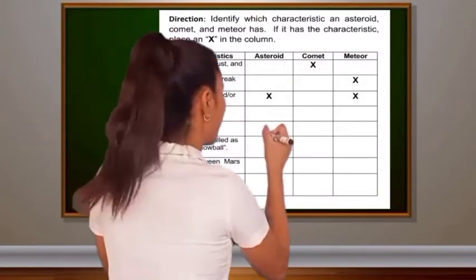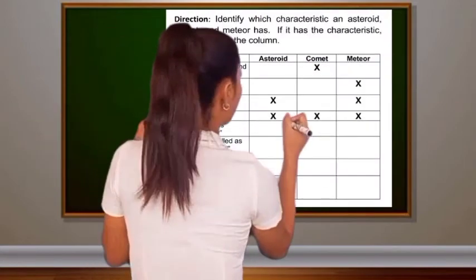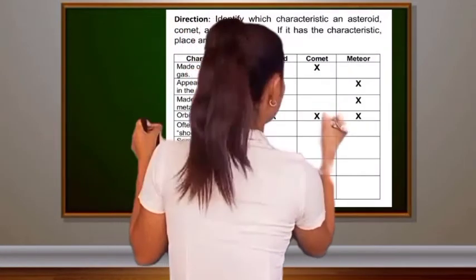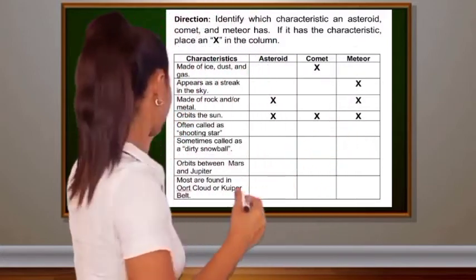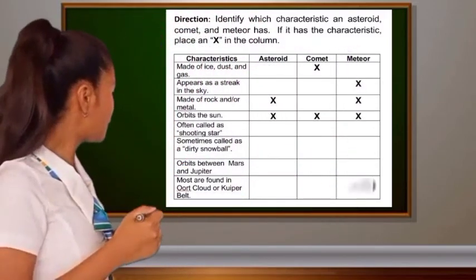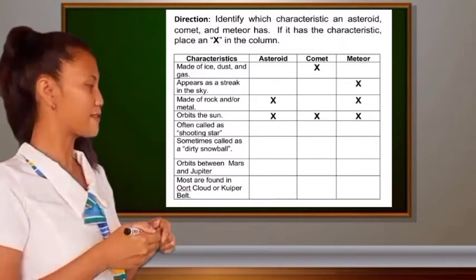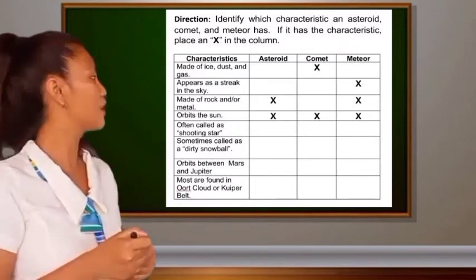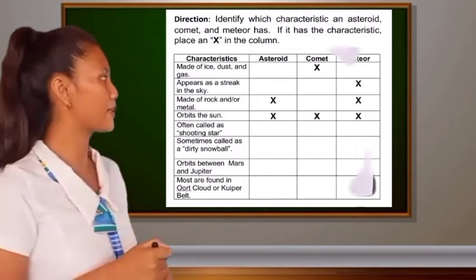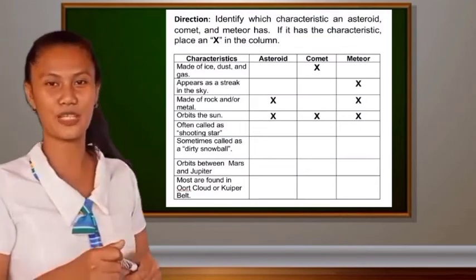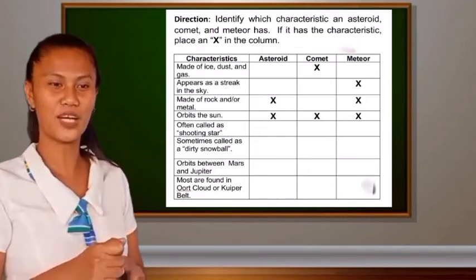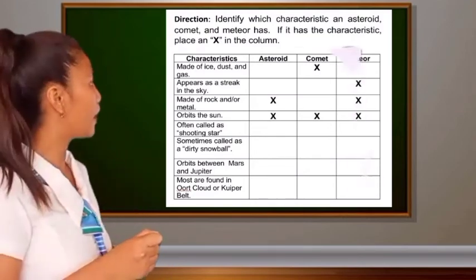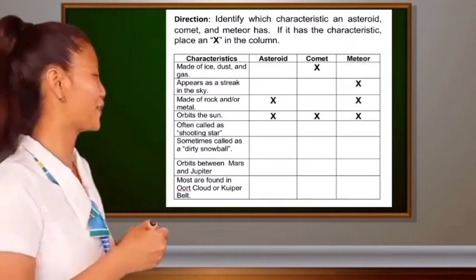So the 3 of them orbit the sun. Now, how about often called a shooting star? Is this an asteroid, comet, or meteor? Yes, group 1? Meteor. Okay, very good, group 1.